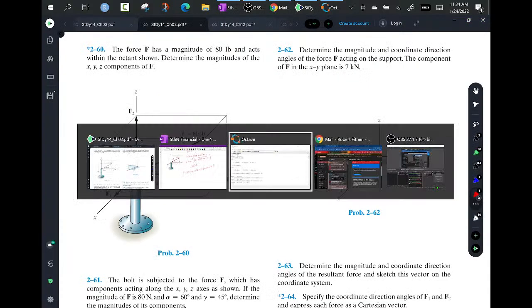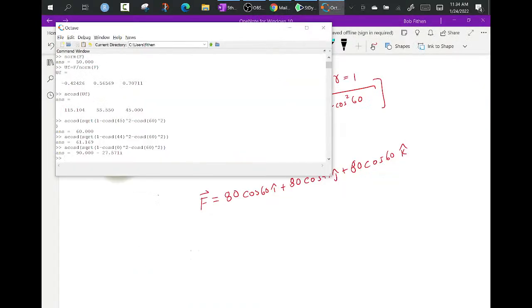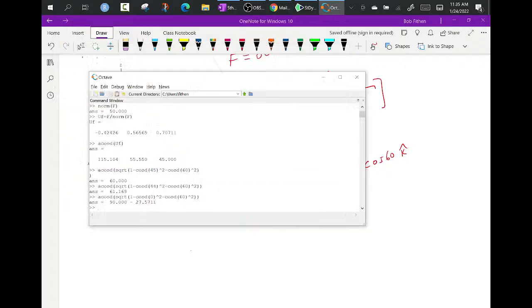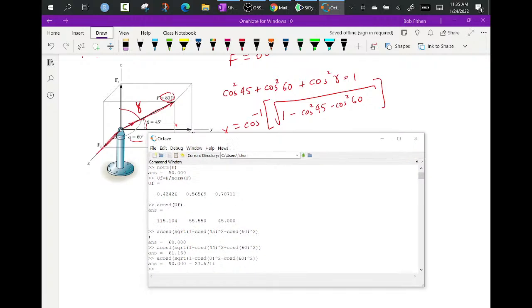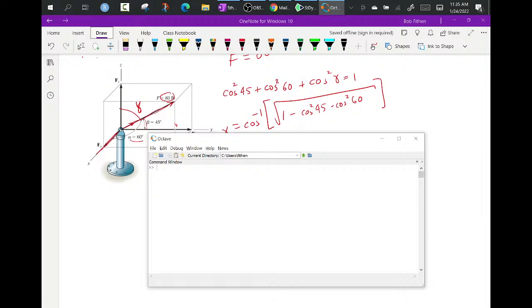So now, if you really want to find the answer, I'm going to clear everything out and clear the screen. Now I'm going to put in here angles, and I'm going to put in my 3 angles, which were 60, 45, and another 60.